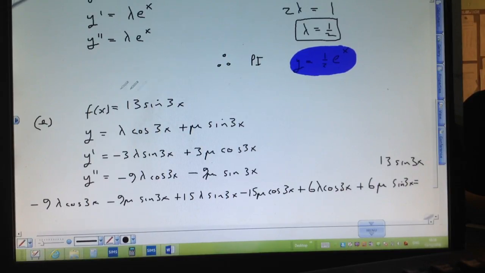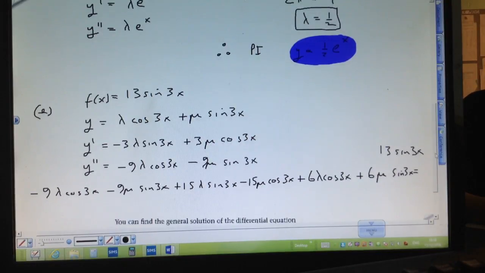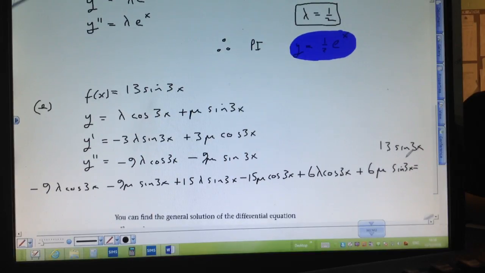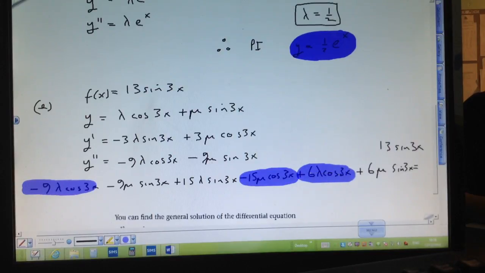So that is equal to the function of x in our second order differential equation. I can see there's no cos 3x on the right, so anything with cos 3x must equal 0.